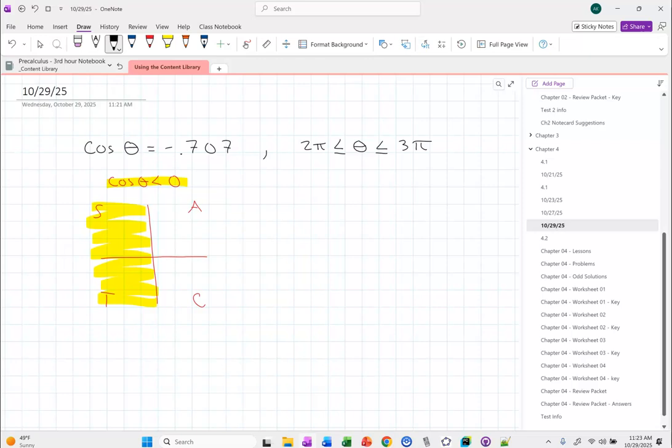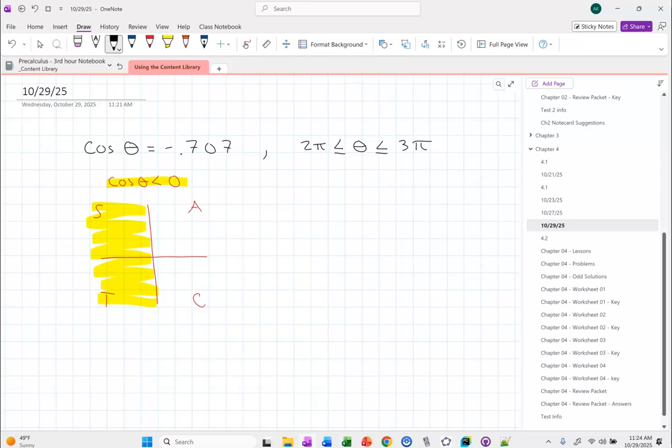So S means sine is positive. What's negative there? Cosine and tangent. You see what I'm saying? Okay.